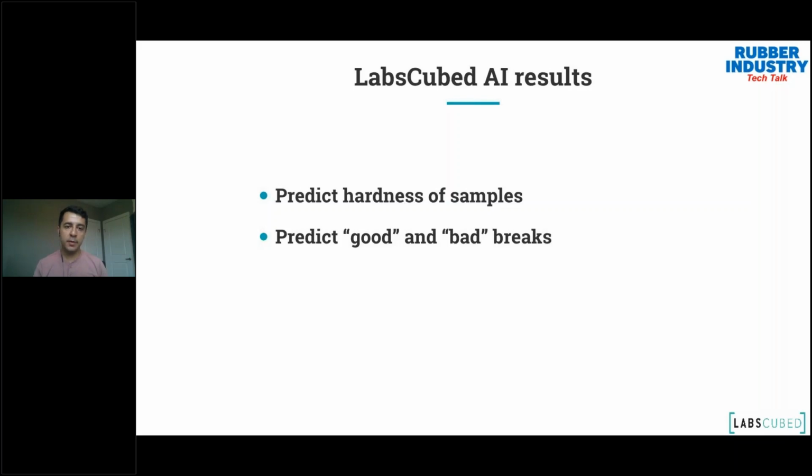We don't have a durometer in the machine, but we're within 1% accuracy of predicting the hardness of the samples run in our system because of all the great clean data that we collect. We can also predict good and bad breaks. Before the sample breaks, we can tell within 95% accuracy if it's a good or bad break, and that's getting better as the system keeps learning. So there are endless things you can do in the future, but as long as you build a really good system for collecting really good data, the possibilities are endless as you grow.